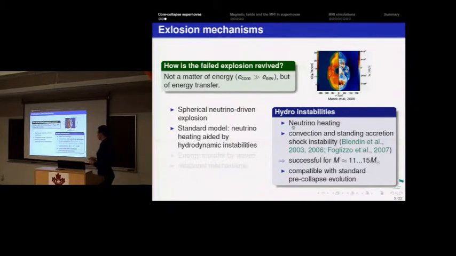The most important ones are convection inside the neutron star or proto-neutron star, and the standing accretion shock instability, which is a result of a coupling between matter at the accretion shock and the proto-neutron star surface via acoustic waves and entropy waves traveling up and down between the shock and the proto-neutron star.